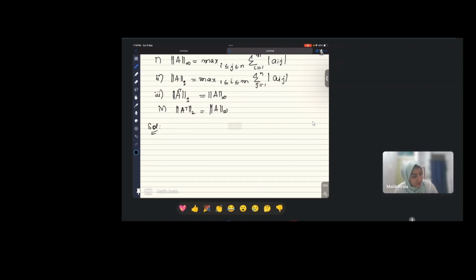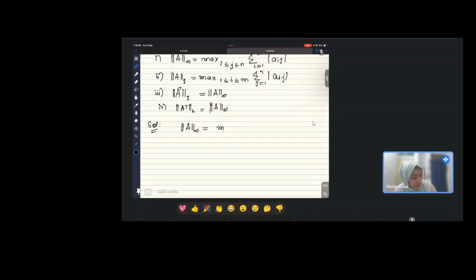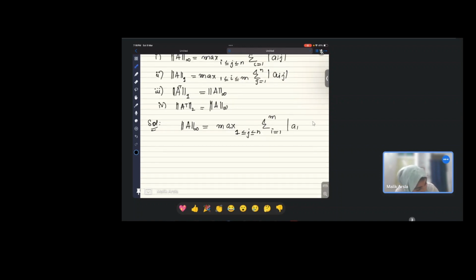The infinity norm is the maximum of the row sum. Here the infinity norm is given, and it has been said that it is the maximum over j running from 1 to n of the summation of i equal to 1 to m of aij.